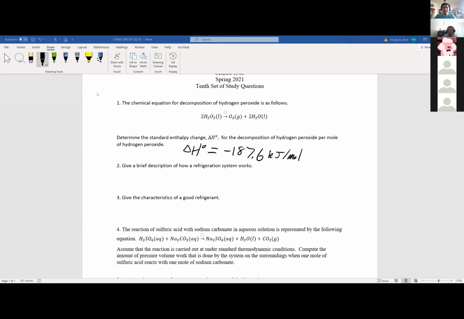So going into a brief description of how refrigeration works, who can give me an idea on how that works, how refrigeration works?